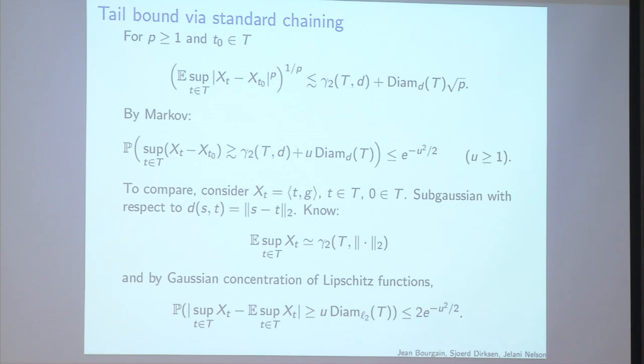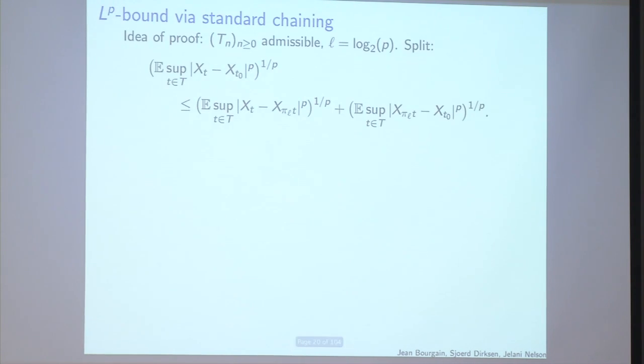Okay, so now let's have a short look at how to prove this bound, and it's a simple trick. Actually, we already saw it almost in one of the talks. What I'm going to do is fix an admissible sequence, and then look at level l equal to log of p.